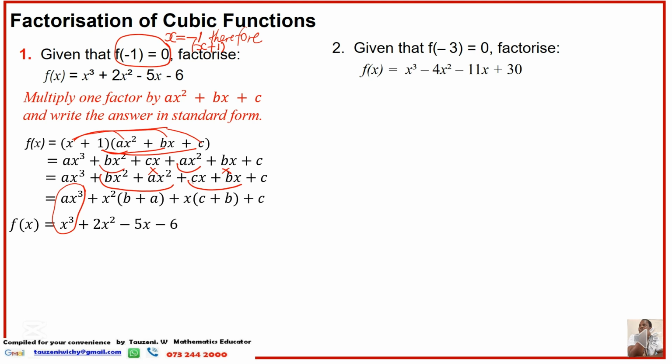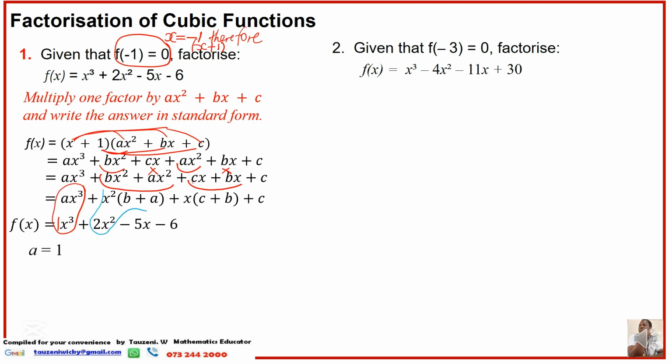So that means 1 for x cubed and this a here, the two are equal. Now, the coefficient of x cubed and the coefficient of x cubed, they are equal to each other. What does that mean? It means the value of a is equal to 1. So we get the value of a by taking the coefficients of x cubed.